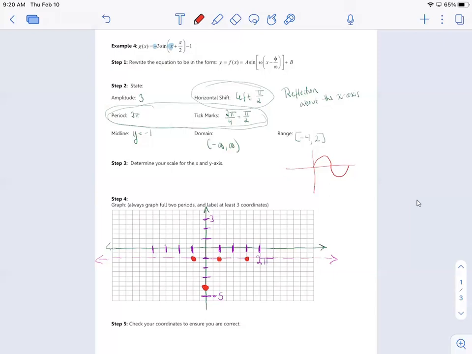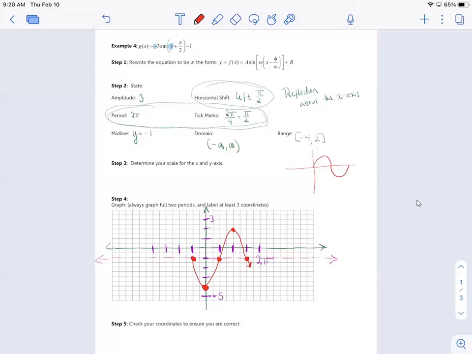But we know then this one has to be a high point just by the pattern, right? And so here is one wave. But I need 2 full periods. So I'm just going to continue this pattern on the other side. And just again, so I know, because I'm moving every tick mark.